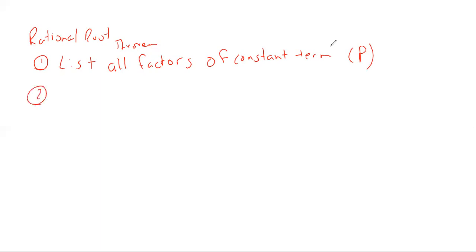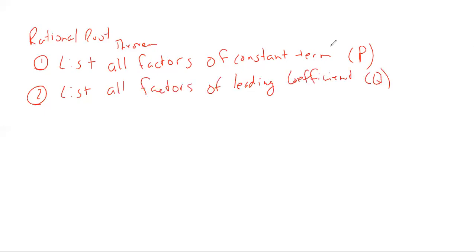Then you're going to list all the factors of your leading coefficient, and we're going to call that Q. All of your possible roots that could happen, anything that's possible, so all possible roots are going to be x is equal to P over Q. Sounds a little confusing right now.